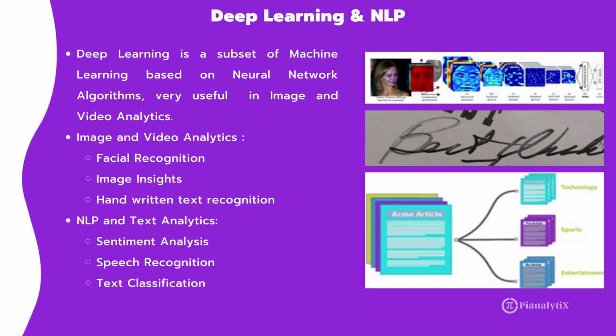NLP and text analytics: using natural language processing, we can develop different models to find out sentiment in Twitter or other news websites. People want to find out what the user's sentiment is about a particular tweet or article. So sentiment analysis is very important in social media platforms or news sites.